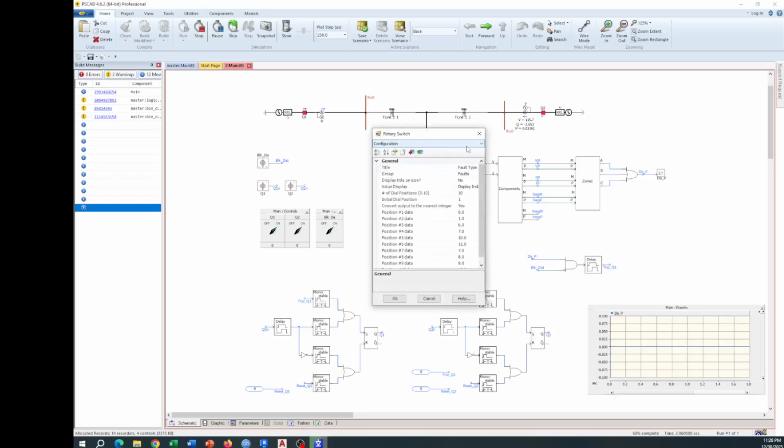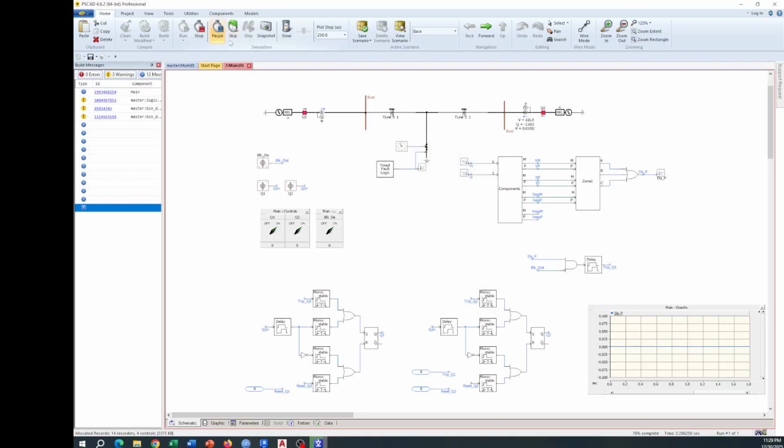Now I will set my fault in position 5, and let's run it again. Now there is a fault, and our relay detects the fault and our circuit breaker trips, and here is the tripping signal.